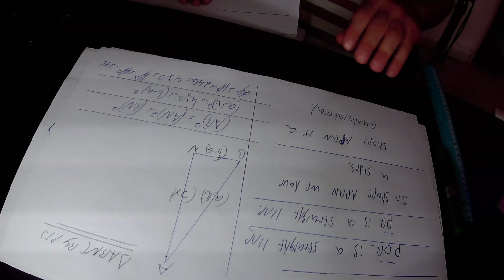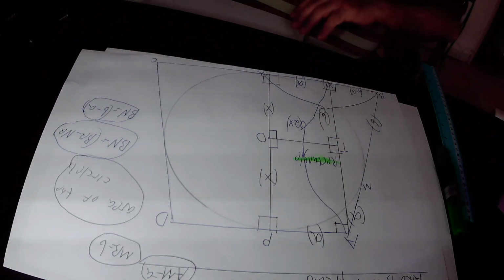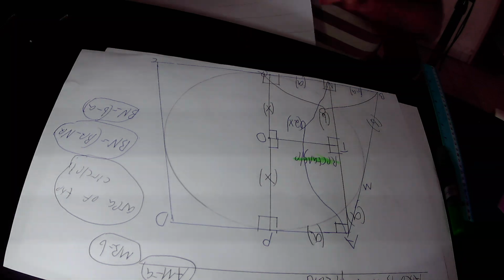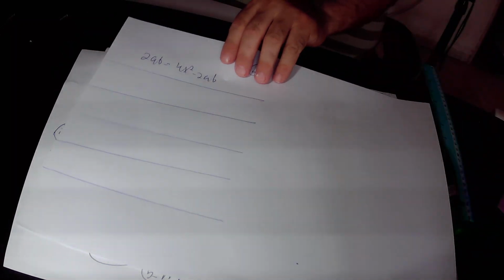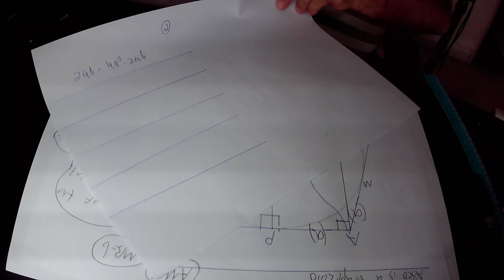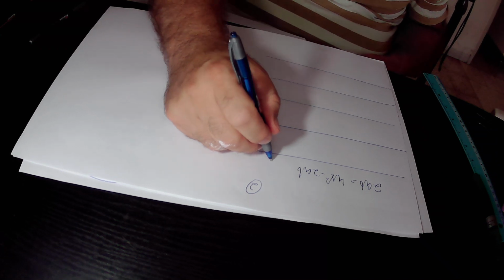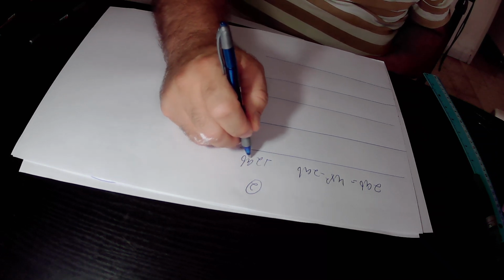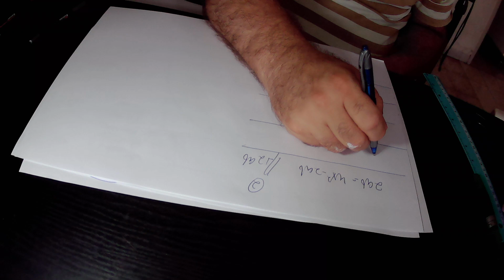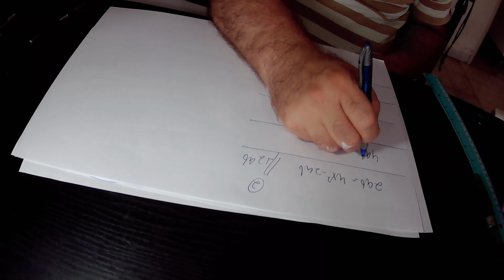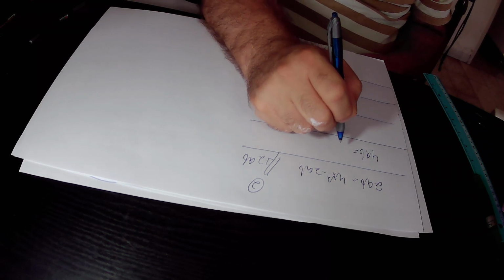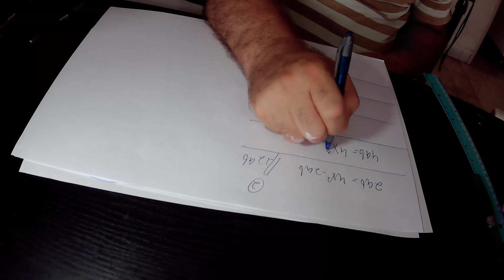Okay, we found out that 2ab equals 4x squared minus 2ab. Here we add 2ab to this equation, and we get that 2ab plus 2ab is 4ab, so 4ab equals 4x squared.